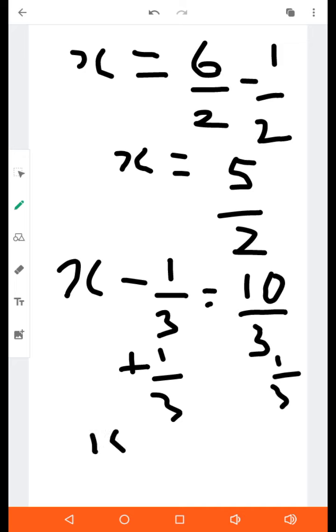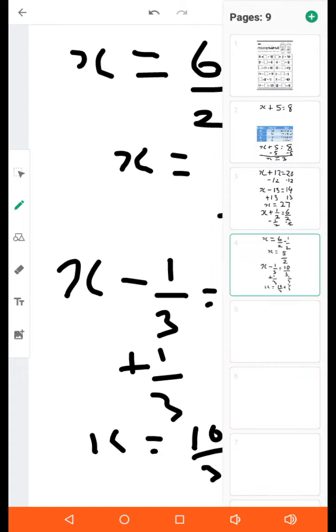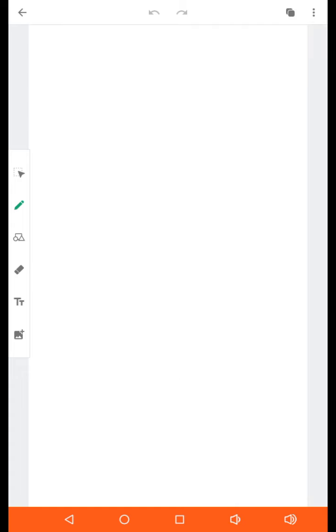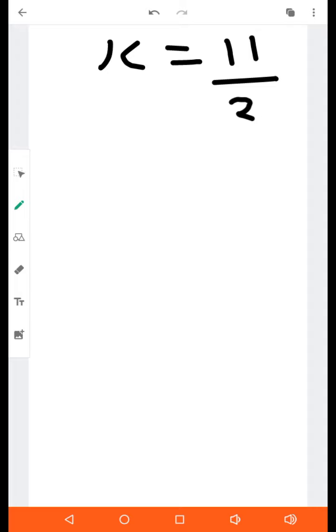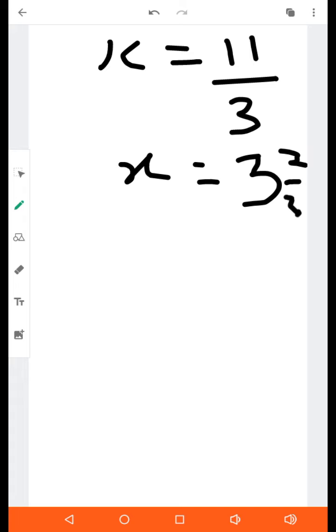This is x is equal to 10/3 plus 1/3. And that gives us x to be equal to 11/3, which we can change into a mixed fraction, 3 whole number 2/3.